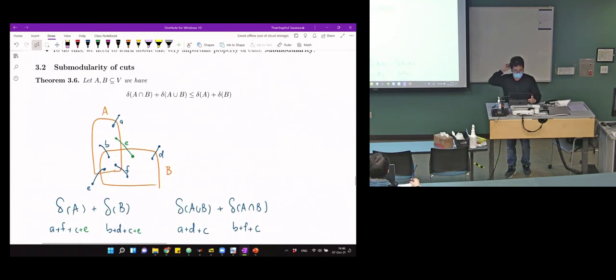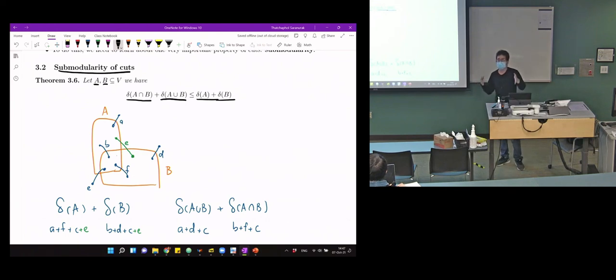All right. So the only thing that you need to know is submodularity of cuts. So if you have any sets A and B, then the cut size of A intersect B plus the cut size of A union B is at most cut size of A plus cut size of B. When a function on sets satisfies this, you call that function submodular.